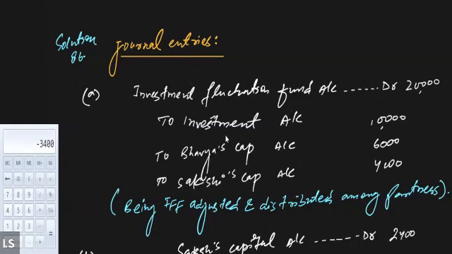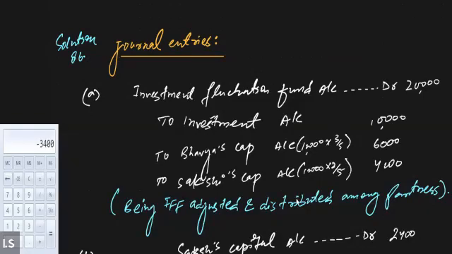So that is what I have done. To the investment account, the remaining 10,000 has been distributed among the partners in the old PSR. Sir, what was their old PSR? See, their old PSR is, I guess, 3:2. Let me show you. Yes, 3:2. So simply 3/5. And for Sakshi as well, 10,000 into 2/5.